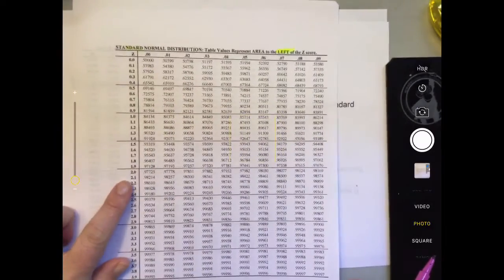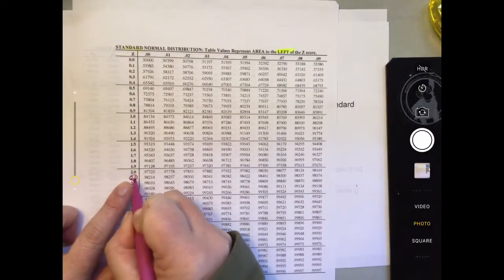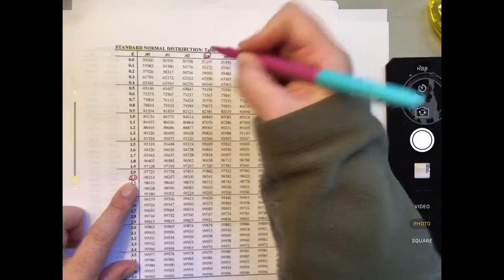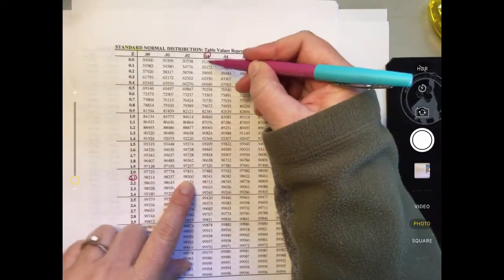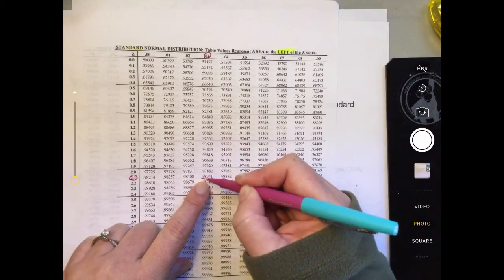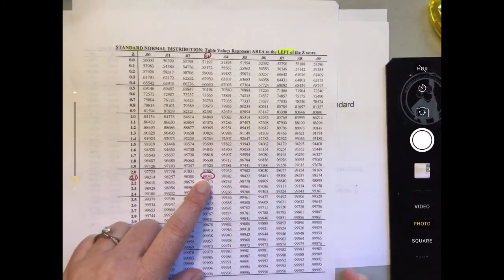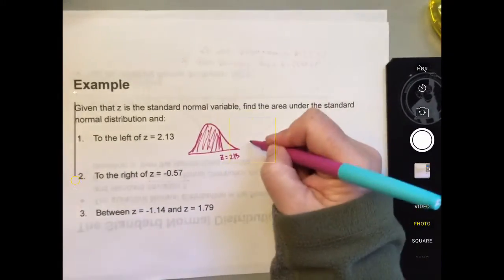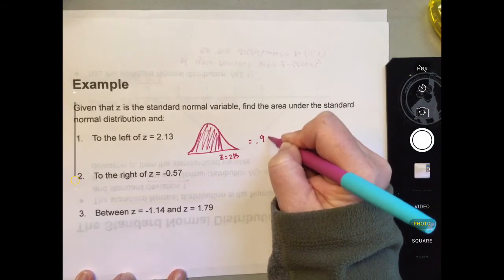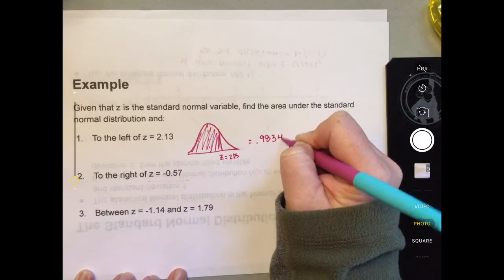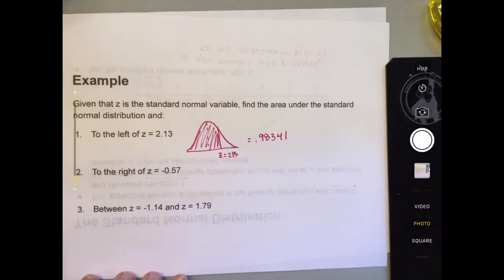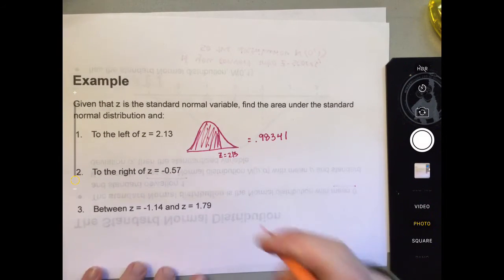So 2.1 is here. 2.13 is here, and then we just go all the way into where those meet up to get the area to the left of that z-score, and that's what we're looking for, 0.98341.